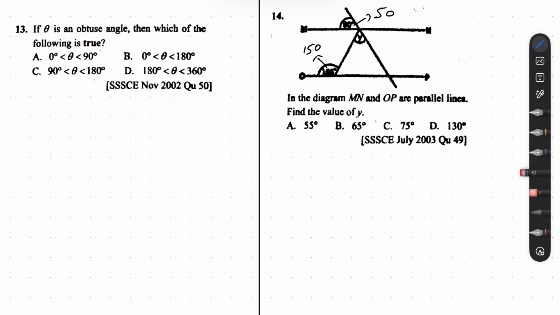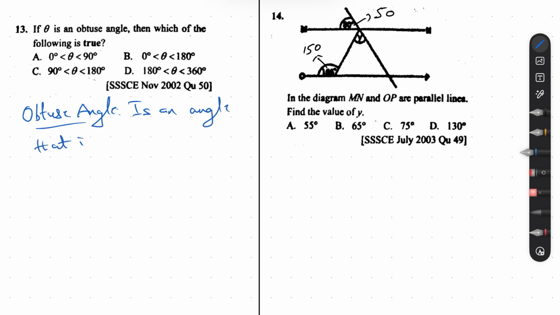An obtuse angle is an angle that is greater than 90 degrees but less than 180 degrees.